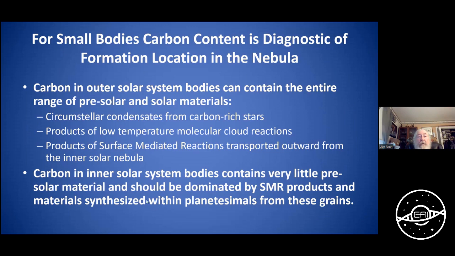So for the planetesimals and the meteorites, you should be able to diagnose where they formed because of their carbon chemical composition.